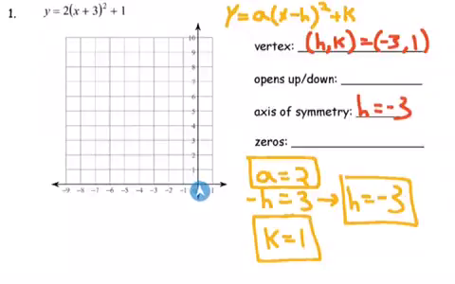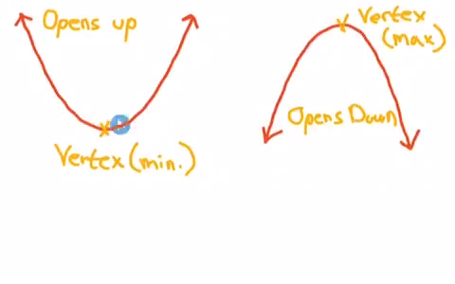I go to my graph and I say, okay, -1, -2, -3, and then I go up to the y value of 1. So I'm at -3, I go up 1, and I'm going to make a point right there. At -3, 1, and we call that point the vertex. So this is the vertex. It's either going to be my absolute minimum, or it's going to be my absolute maximum for my graph.